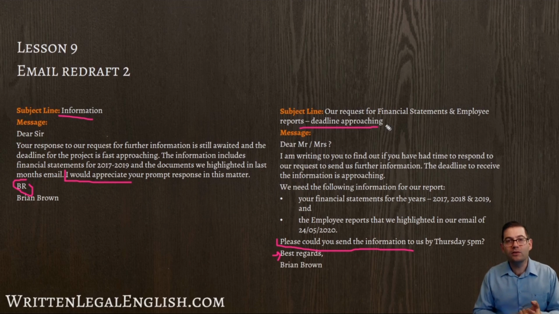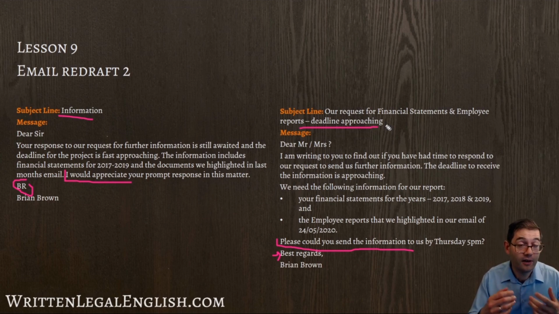Now, one question you might have is that I haven't in my emails said, if you've got any questions about the email, please get in contact, because it's not always appropriate to do that.